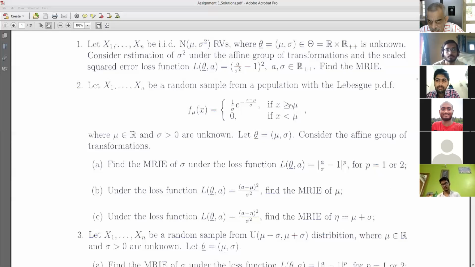This is an exponential family, so there is a complete sufficient statistic, which is x1 and summation xi minus x1. So in this case, that u star will not depend on w, right? Yes, sir. That would depend on u, which minimizes the expected risk under this loss, and you're saying p is equal to 1, right? So I am just coming to that now.